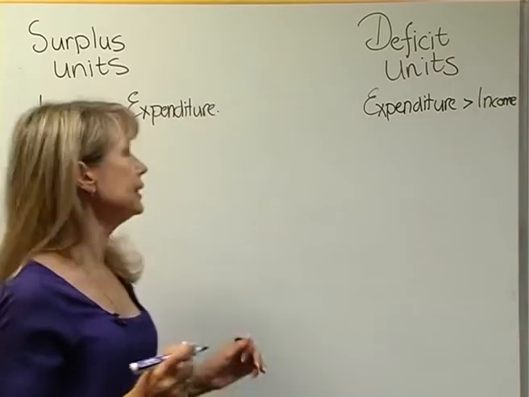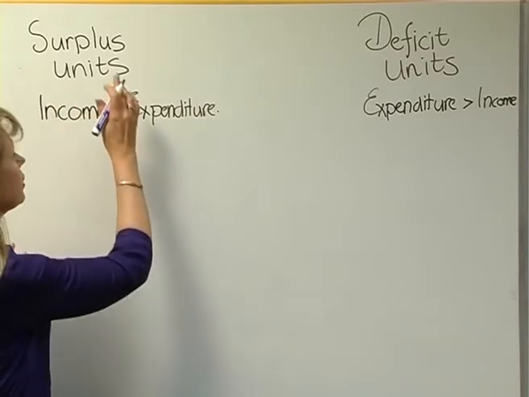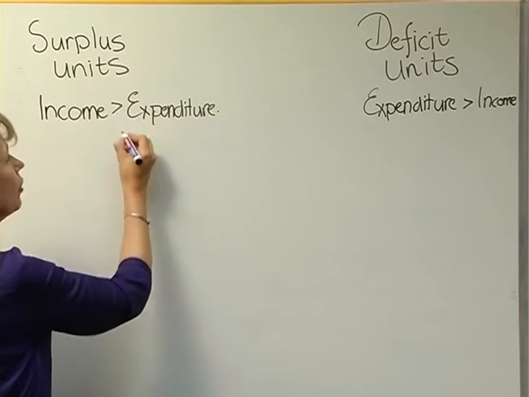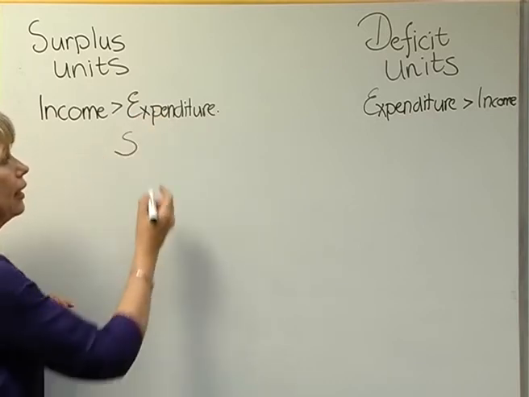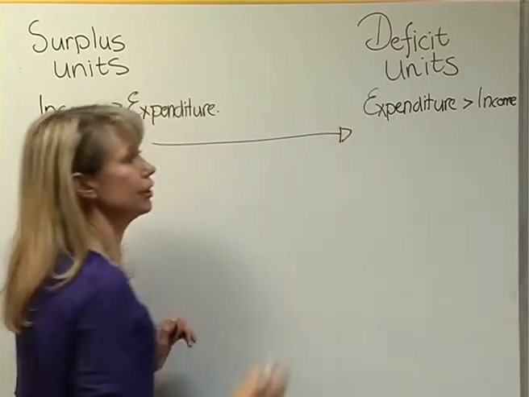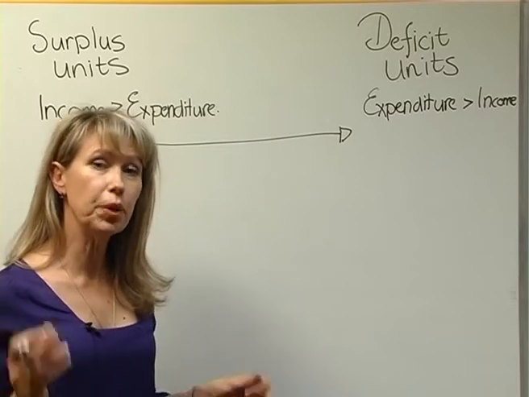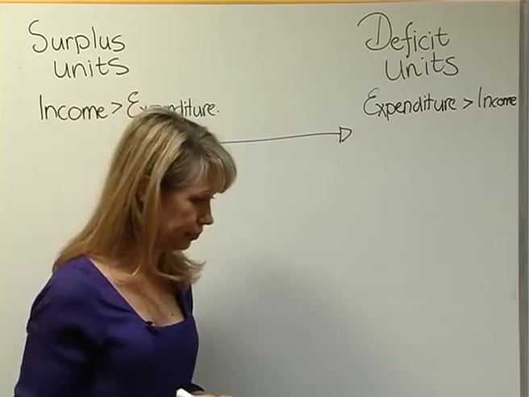So we can see that this extra income that's available from the surplus units, in the form of savings usually, will be helpful if that can be transferred to the deficit units so that they can use those funds. So that is the purpose of the financial system.